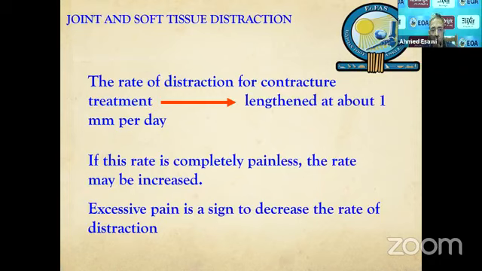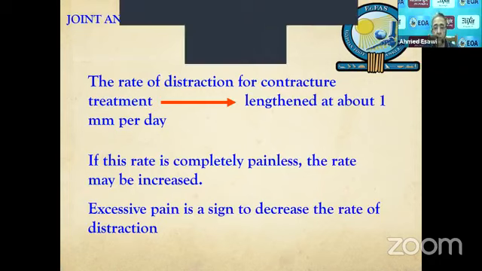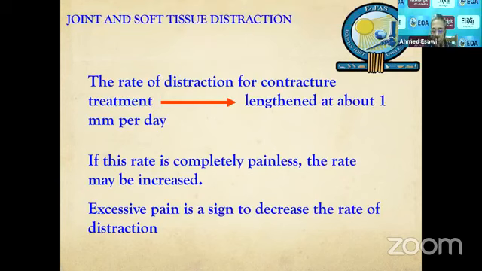If the rate is completely painless, we have the ability to increase the rate per day. If there is excessive pain, we have to decrease the rate of distraction.